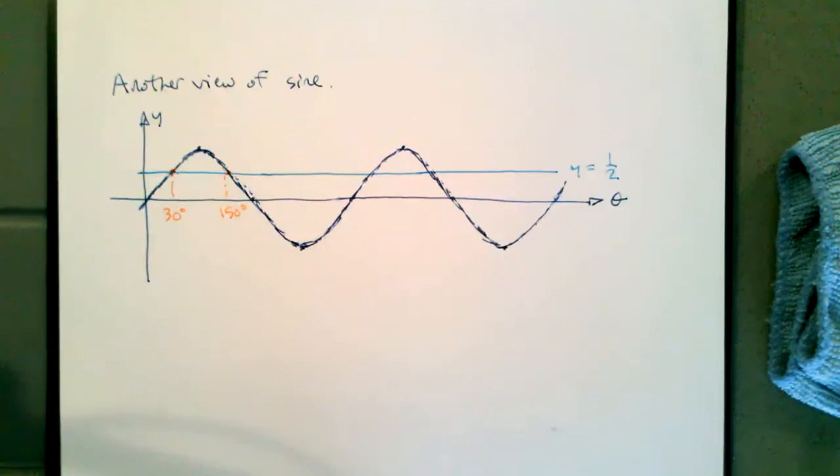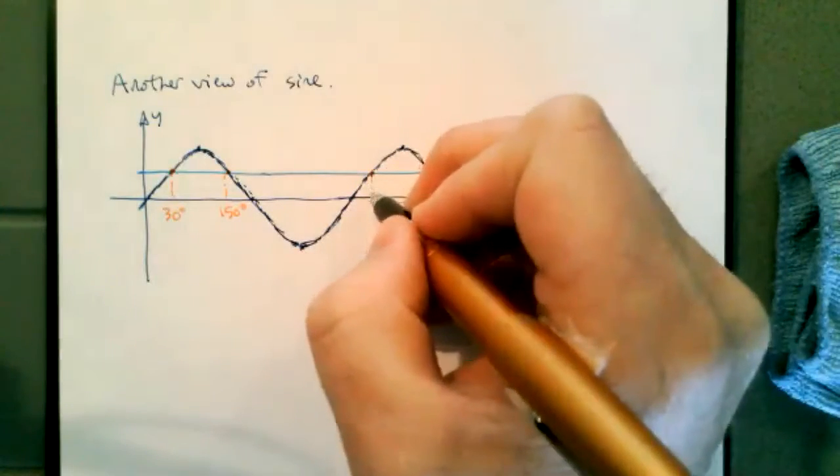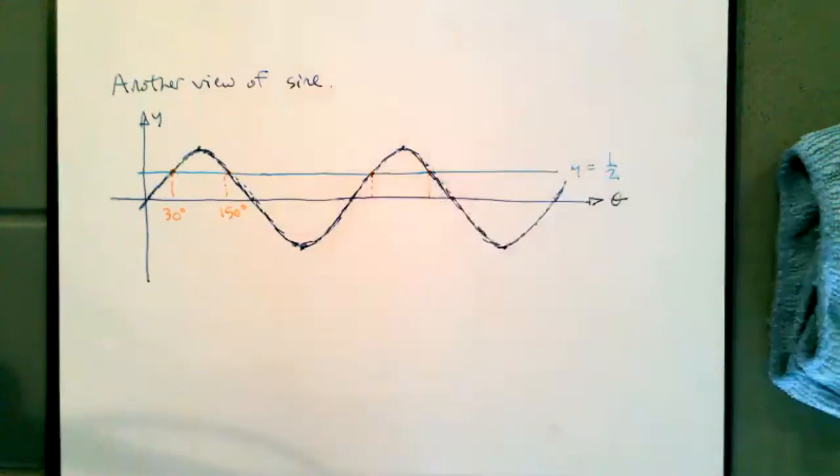But we're also going to see more later on, because we just keep going around the circle and it just repeats. So over here, we'll have 30 degrees plus another 360 degrees as we've gone all the way around a circle.